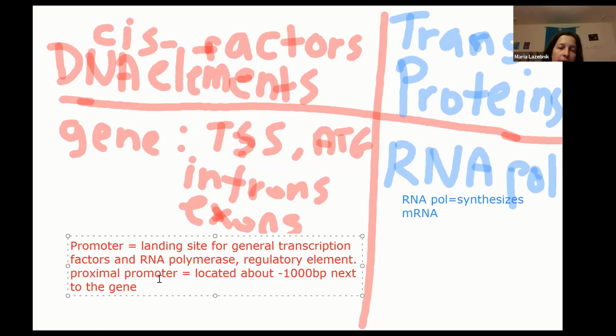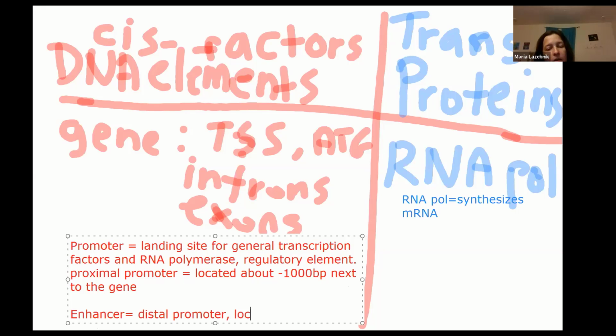And then there's another element called the enhancer element, which is also known as a distal element, located thousands of base pairs away from the gene.